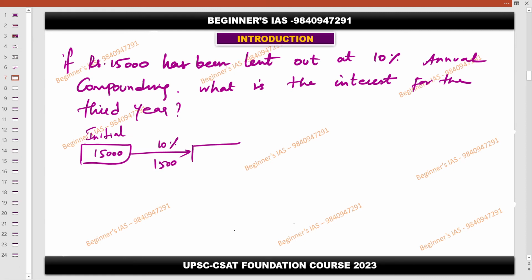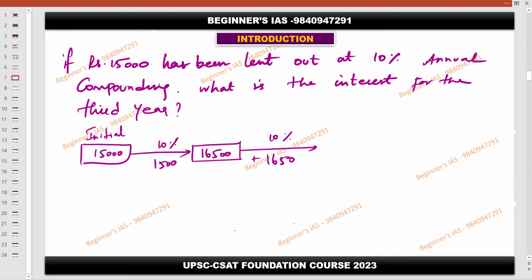So then this, listen carefully, you are using the compound interest. Then therefore this interest plus principal will become the new principal of the next year. Understood or not? Then 16500. Then again 10%. Then 1650.